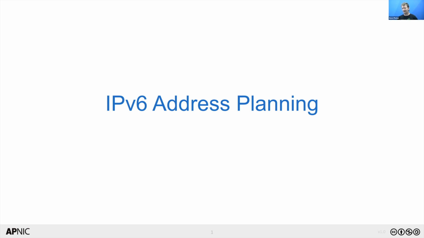Also keep in mind that some of you aren't just going to have a little baby /48 as your network. You may have a lot more address space than a /48, so you need to think very differently about how we plan this out.